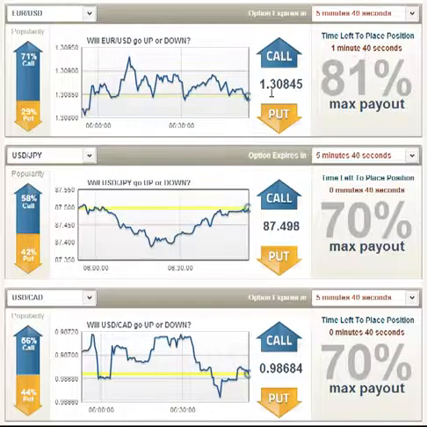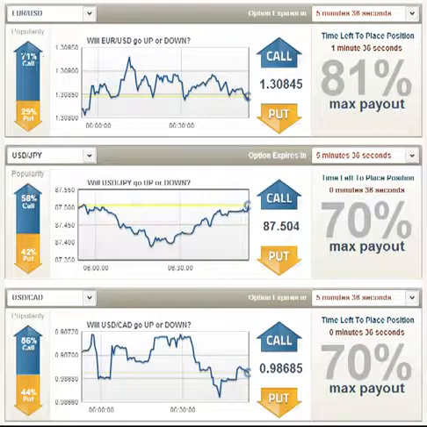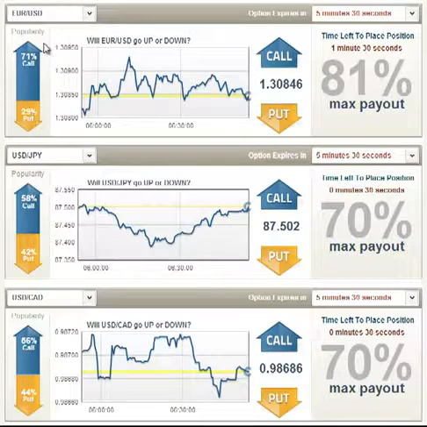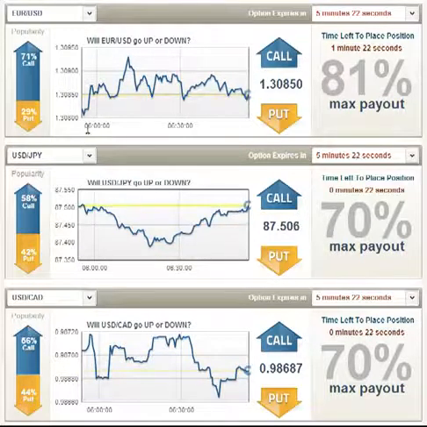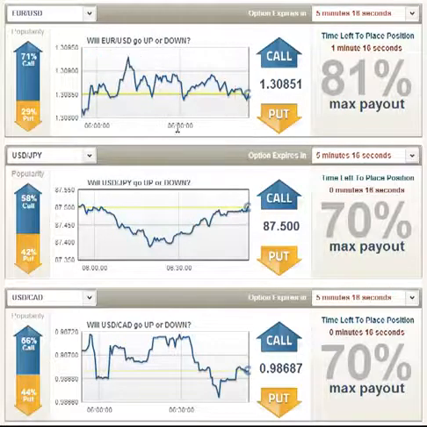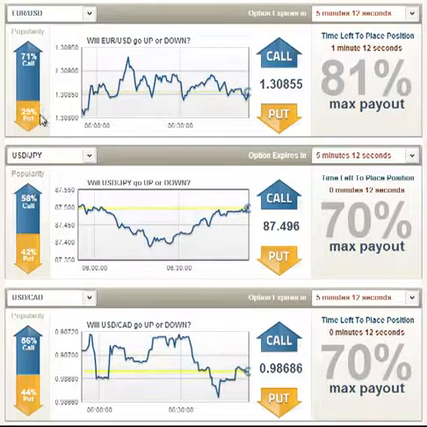I still have the option to call or put, but I noticed that even though it says 71% of people have called and 29% of people have put, I don't know when this data was collected. This particular graph that they've shown here in the middle shows times from within the last 30 minutes to the next expiration time, and I have no idea at what point in time the spread was 71% to 29%.